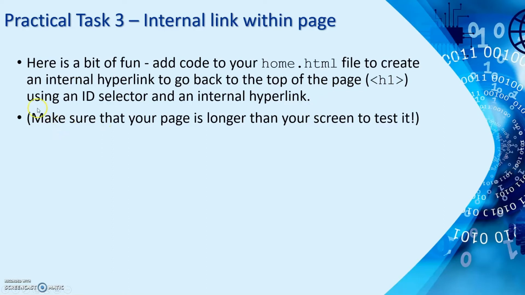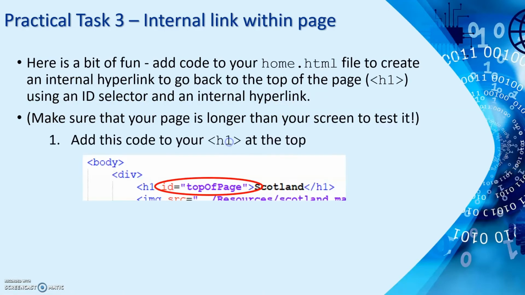Okay, so you're going to use an ID selector and an internal hyperlink. When we come to test this, we better make sure that we've got quite a small page so we can scroll down. This is all you have to do. I did this on my main country page. For my H1 at the top, where it says Scotland, I've put in an ID called top of page.